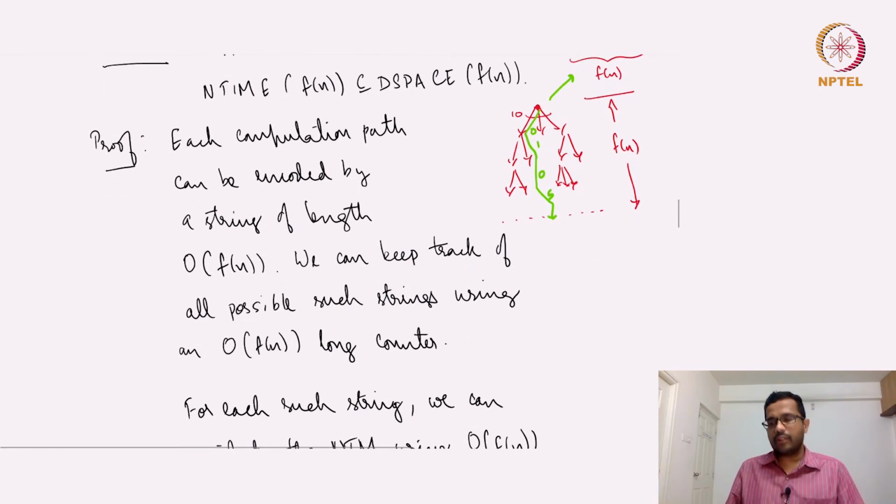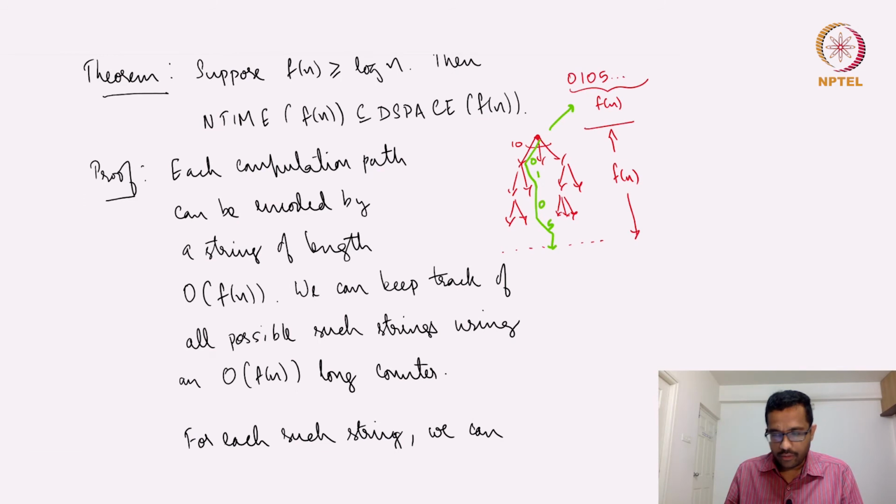We can keep track of that. Now, you have a non-deterministic Turing machine that runs in f(n) time. How do we simulate this deterministically, or check all the paths, since we need to simulate it with a deterministic space Turing machine?